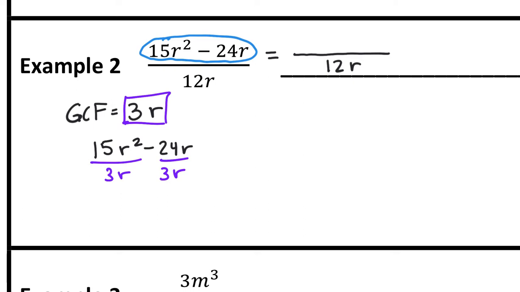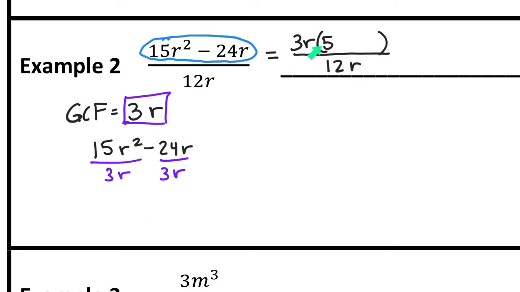And then on the top, we would set up our parentheses and put 3r in the front. Put the GCF in the front. So divide. What's 15 divided by 3? That's 5. Right, this goes over here.